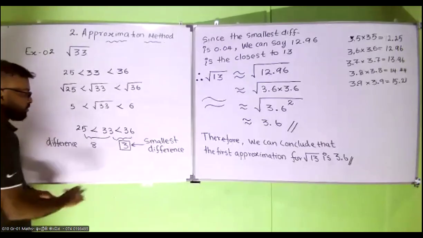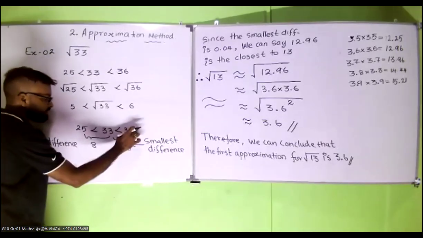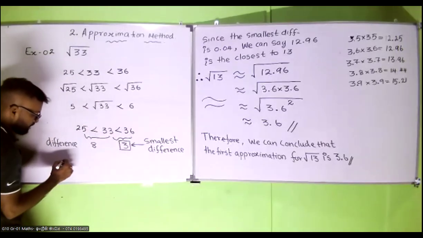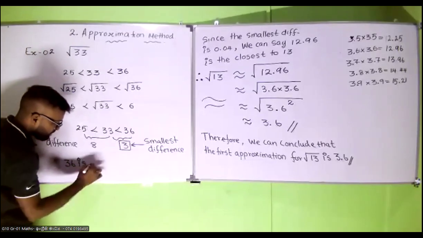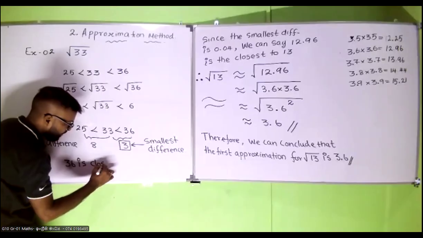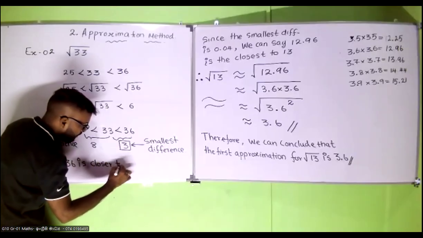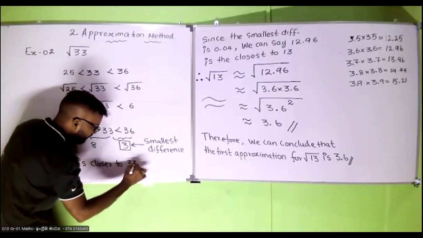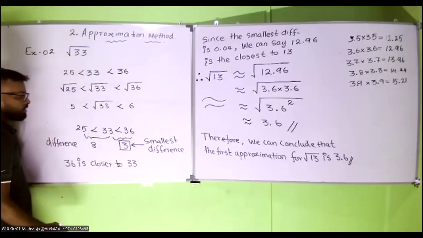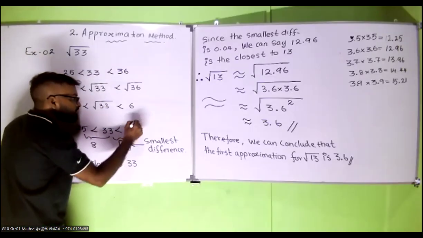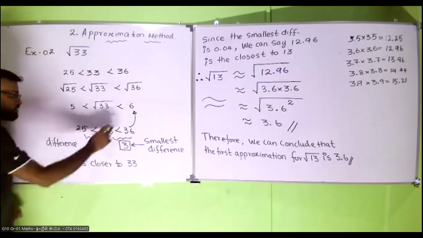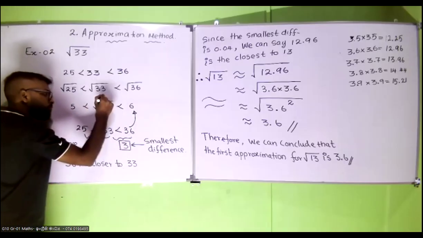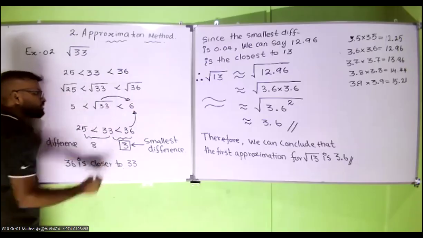So we can say 36 is closer to 33. That means 36 means 6. So the square root of 33 is closer to 6.